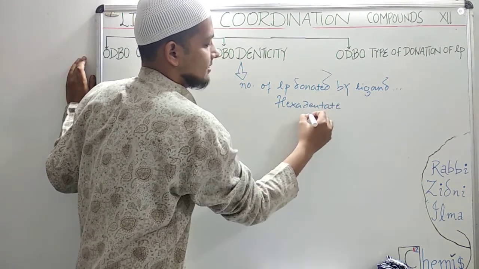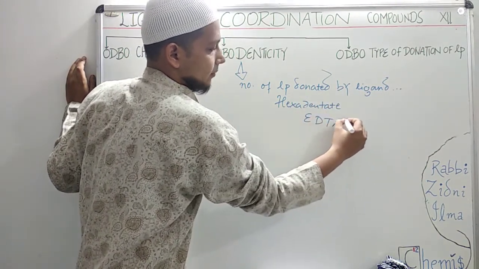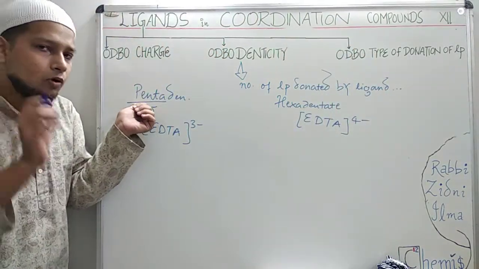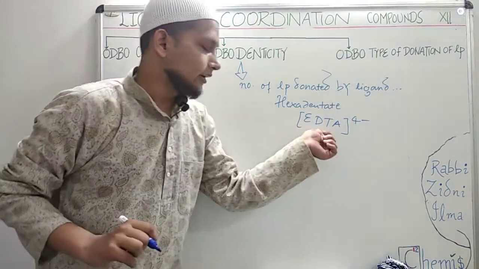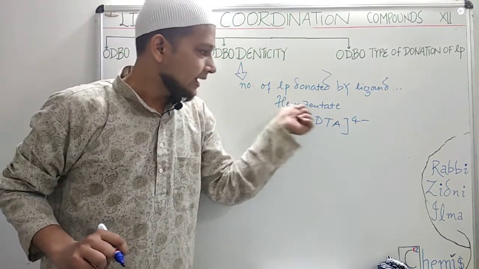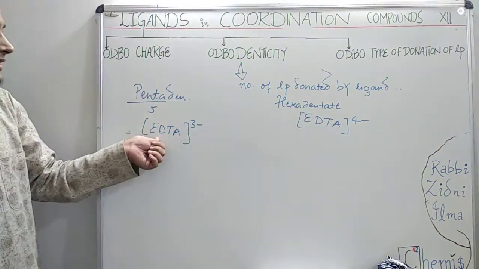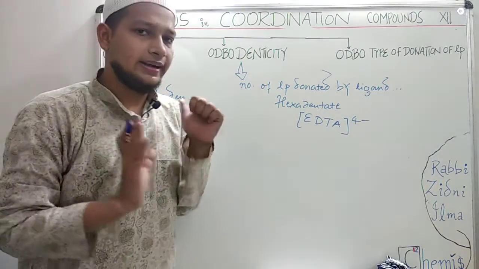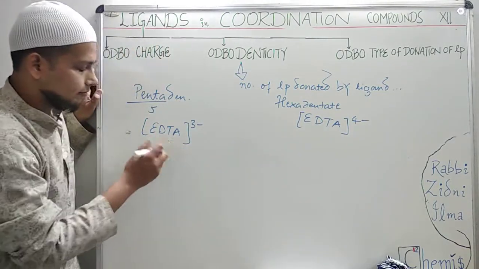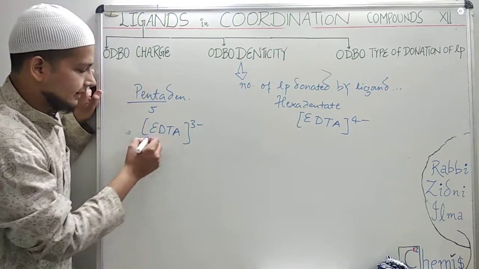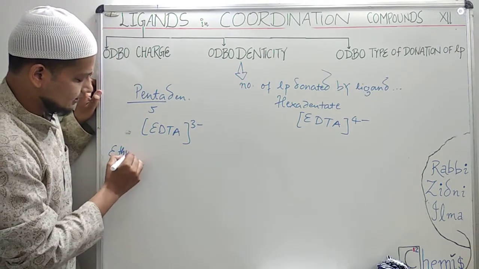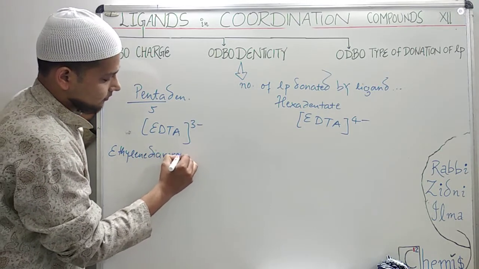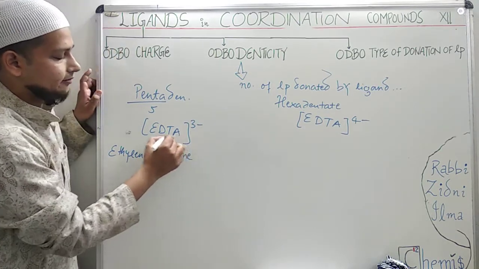The example is again EDTA but 4-. This is the most confused question about EDTA. 4- is hexadentate and 3- is pentadentate. First of all, you need to keep this in your mind. Now, as far as the full form goes, EDTA, ethylene diamine, T means tri, acetate.